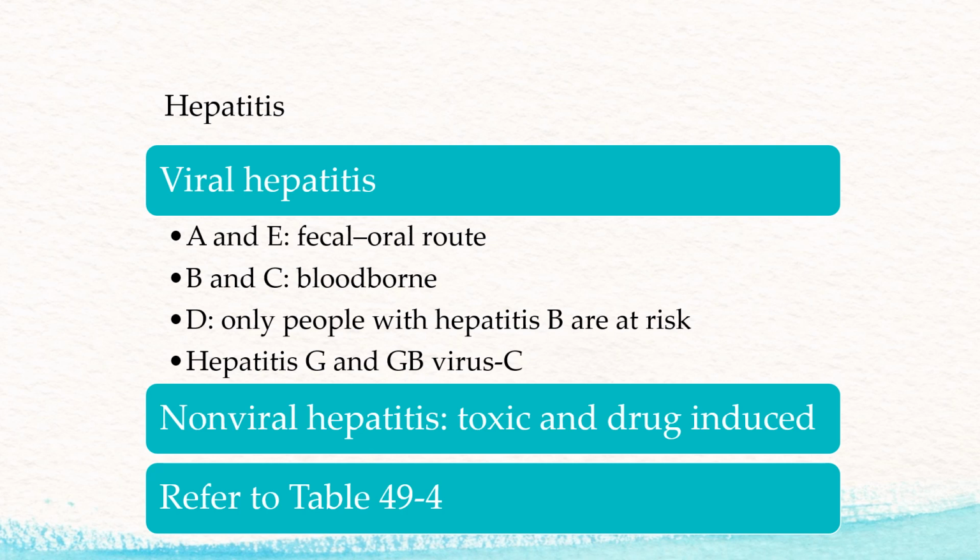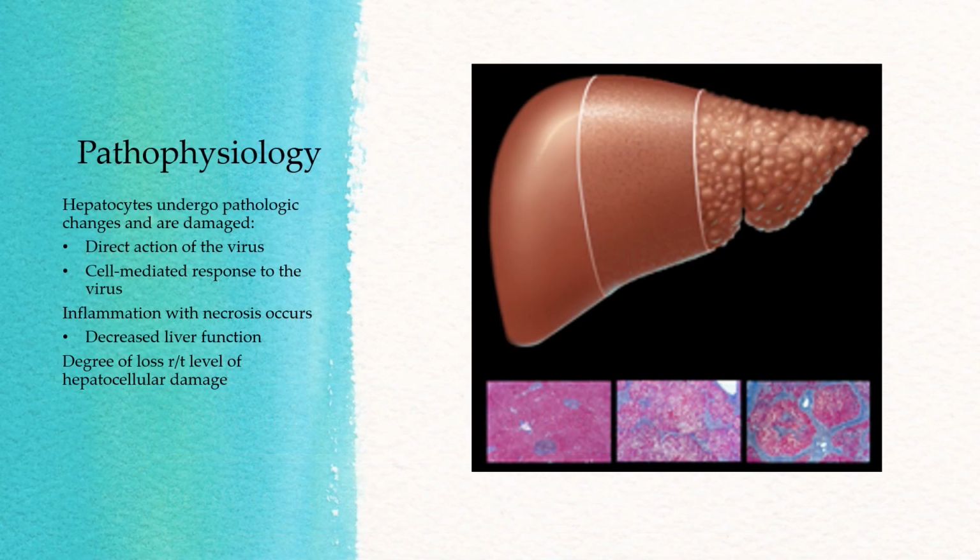Table 49.4 will show you the differences between each type of hepatitis. I'll let you read this slide, the pathophysiology, and I will discuss a little bit more on the next slide.